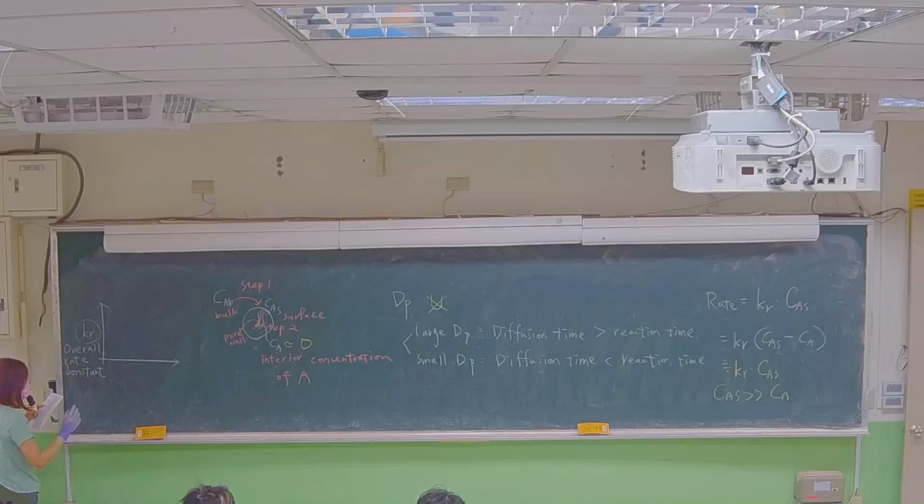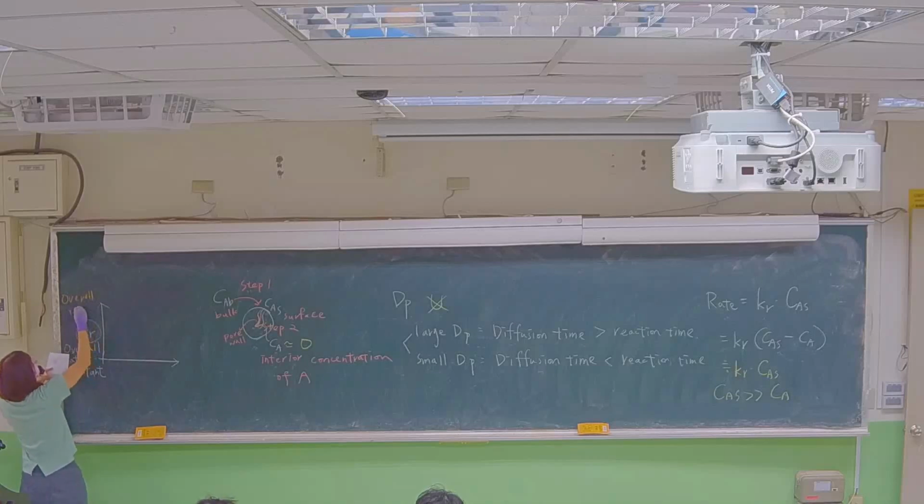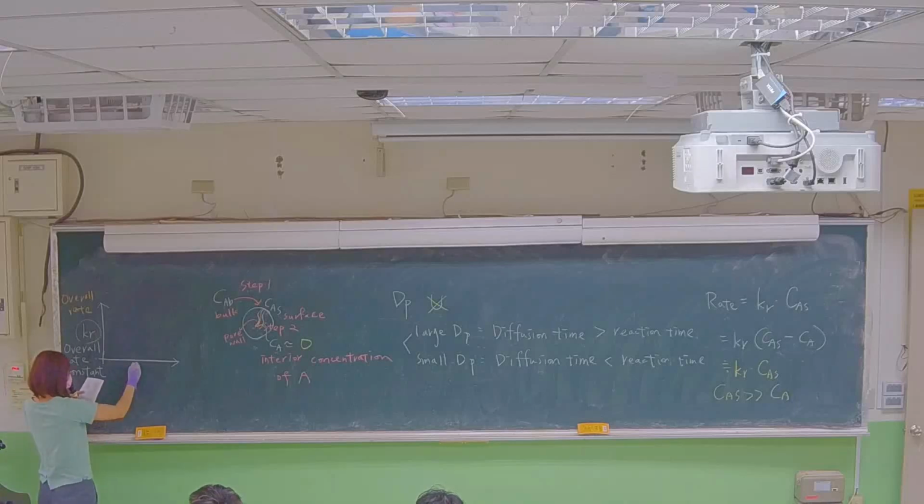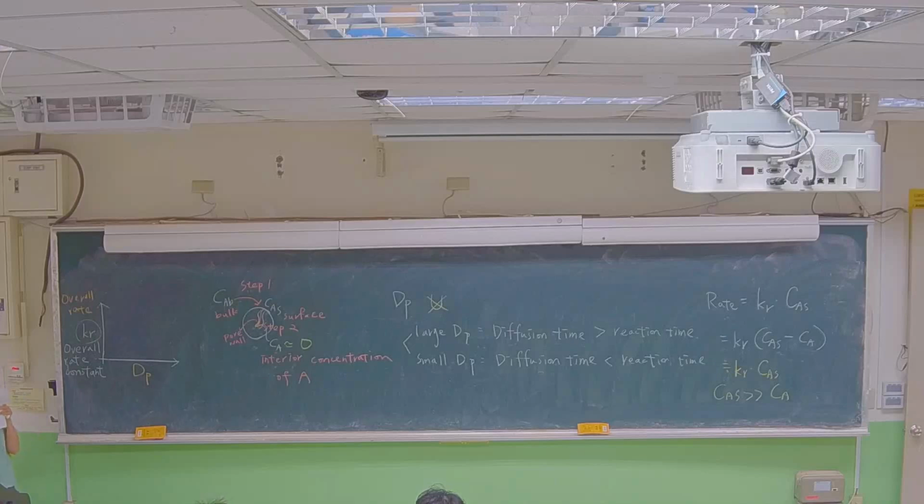So again, you can consider the y-axis as overall rate, the same as the previous one. And how about the x-axis? dP. At this part, the only factor to influence the diffusion is dP, particle size. So on the x-axis, we only have dP.